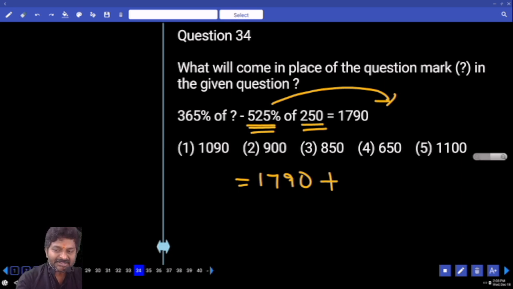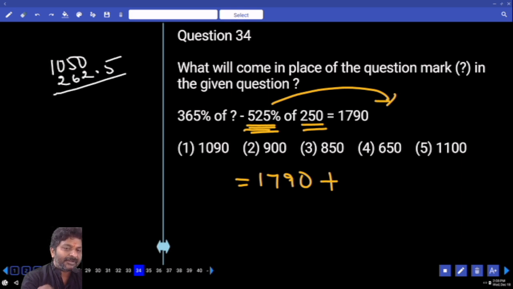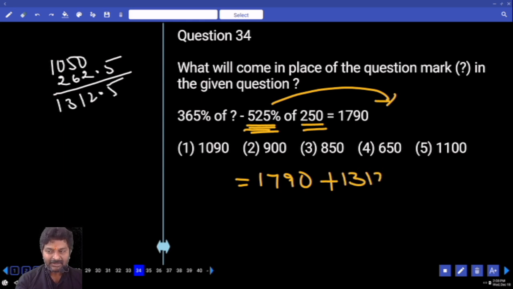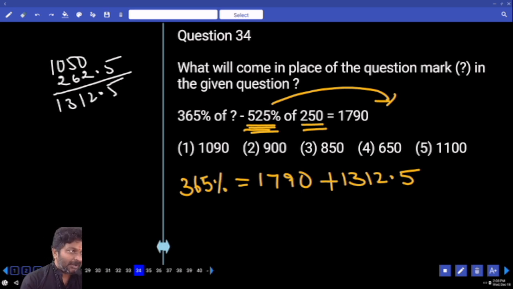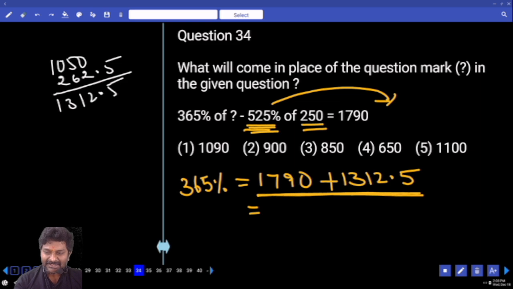So 250% of 525 also we can write. 200%, 1050. 50%, half of this number, 262.5, which is 1312.5. Yes. And this value is equal to 365%. Right.